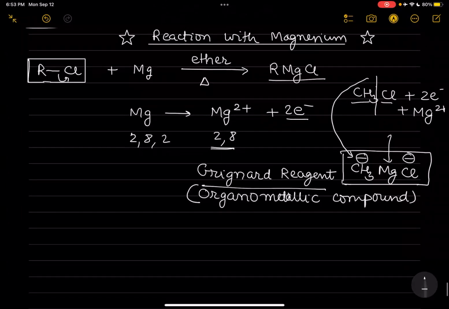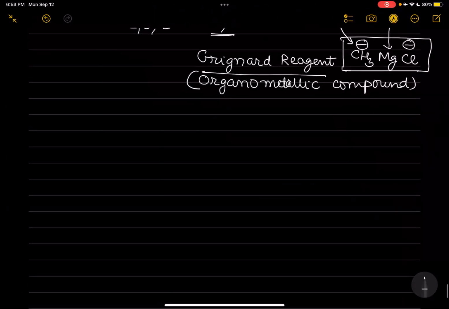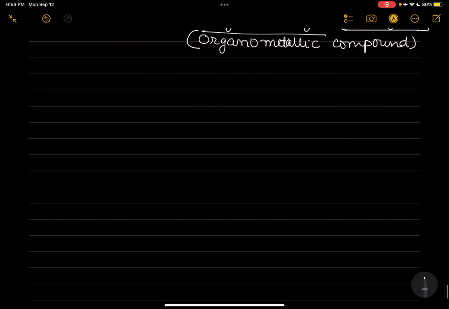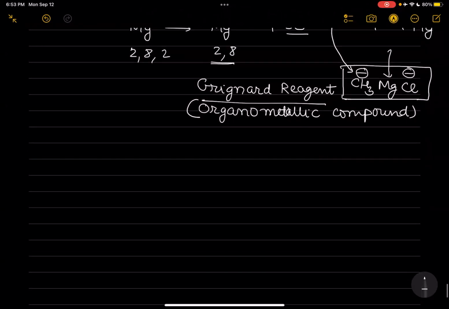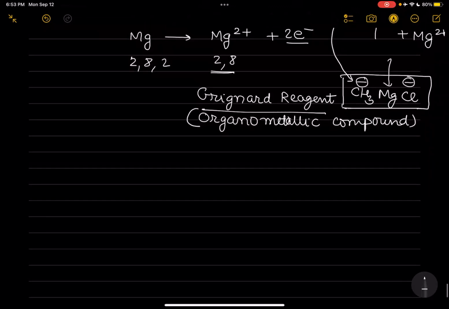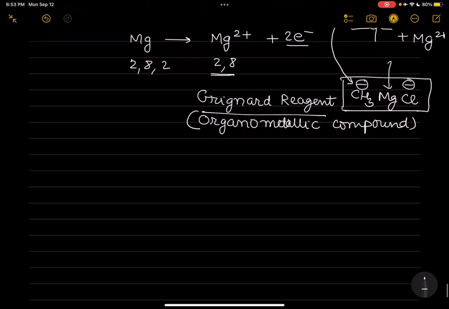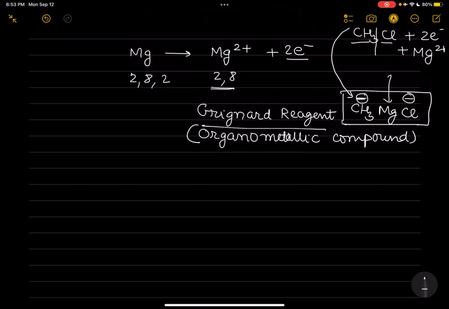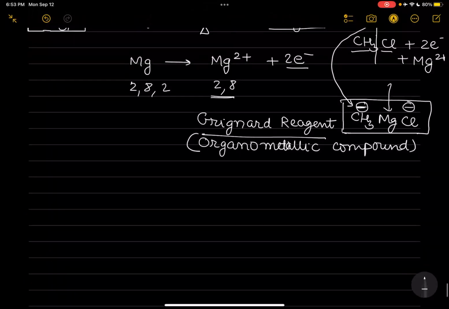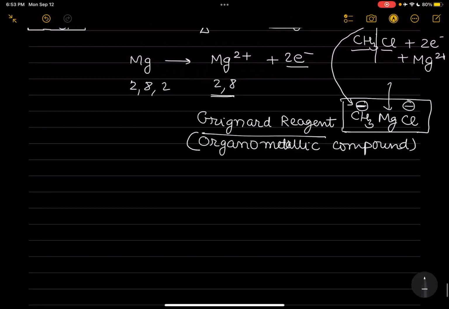So why do we need to take Grignard reagent? This comes under reaction with metals. In the Grignard reagent, the carbon of the alkyl group which is directly connected to magnesium will have a negative charge. Why will it have negative charge? How will you explain?